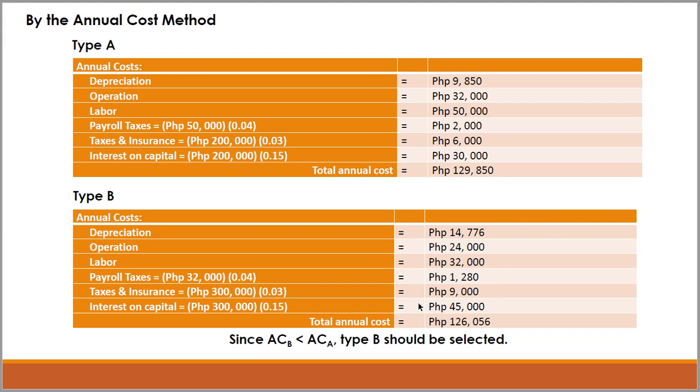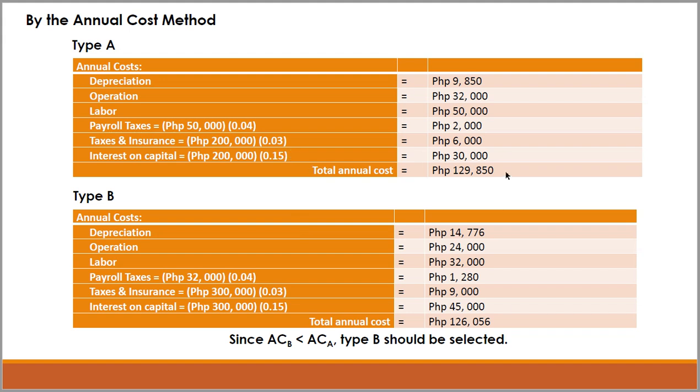And then compute for the total annual cost. So we included the minimum that the company should gain when investing in type A and in type B, which is 15% of the initial investment.